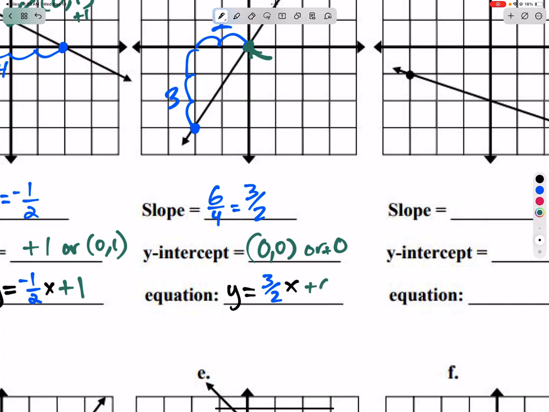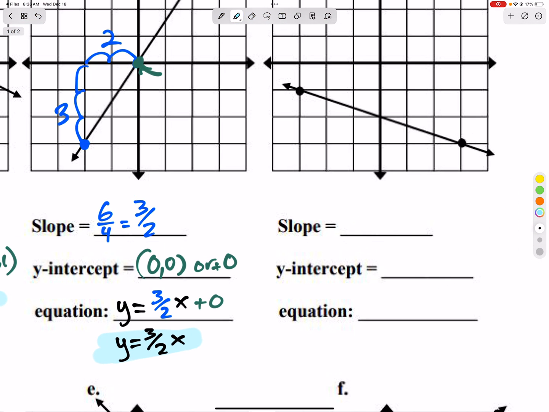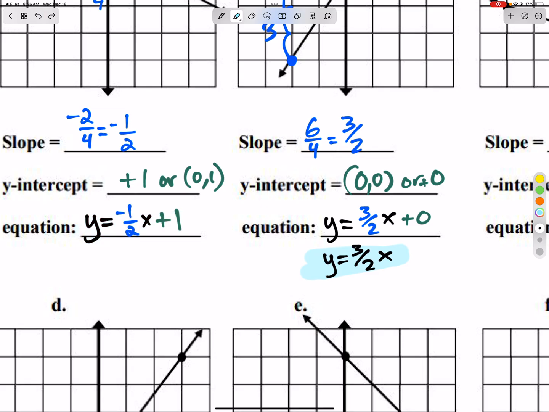And then if you put +0, what's going to happen? It's just going to be gone. So officially, in the end, we're just going to have y equals 3/2x. Done. Let me just highlight that. Boom. I'm just going to write it like y equals -1/2 x plus 1. Like it's the official. There we go.